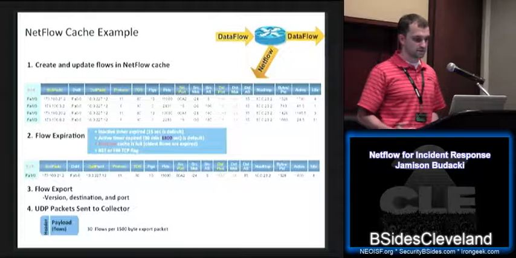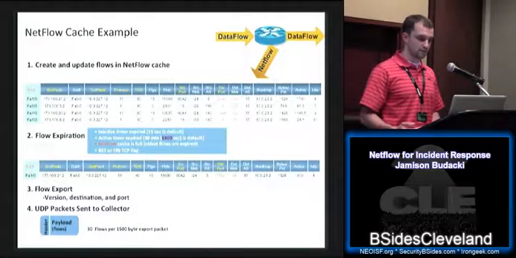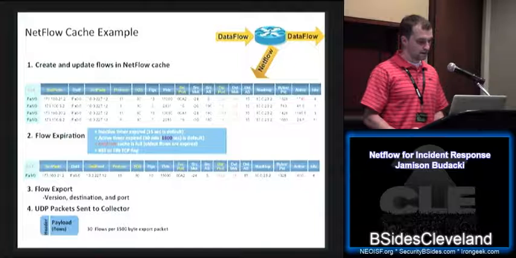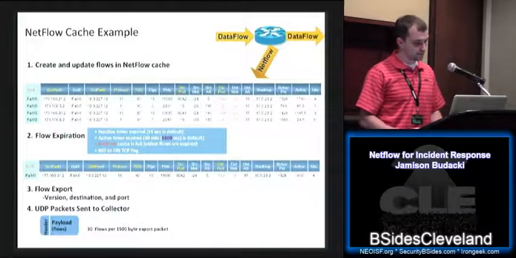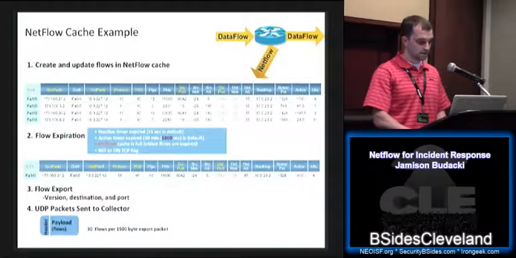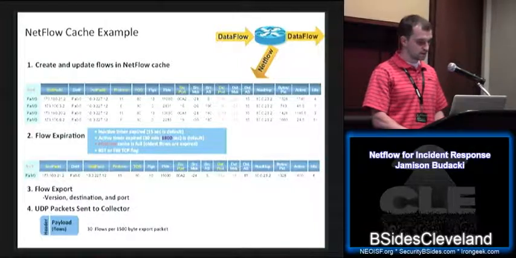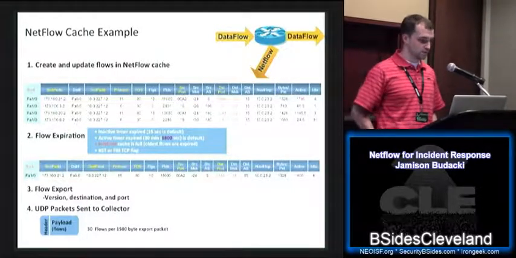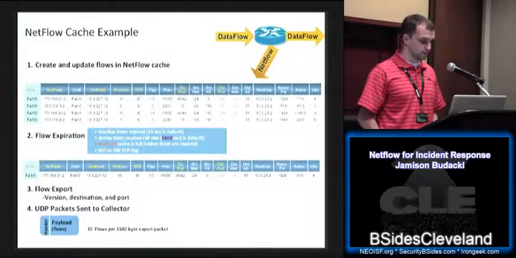After 30 minutes, the flow is going to be stopped and then either put into cache or finally exported out. So really the key is having a collector that is going to stitch the flows back together to make a useful conversation. Also, once the NetFlow cache is full, the oldest flow is going to be deleted first.